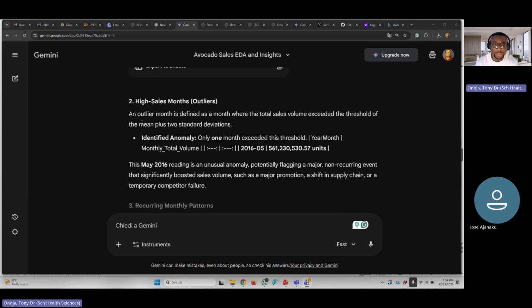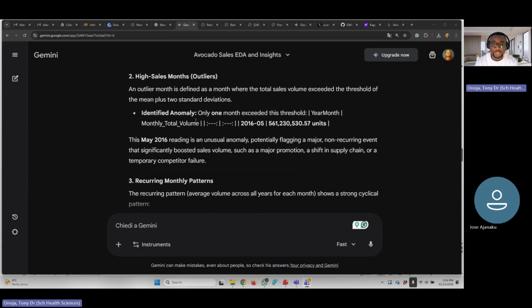High sale months. An outlier is defined as a month where the total sale exceeds the threshold of the mean plus the standard deviation. So let's look at the high sale months. The high sale month occurred around May 2016, where we have 561,230,530.57 units.